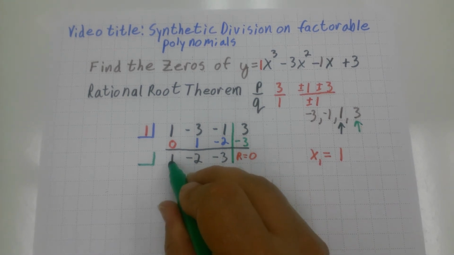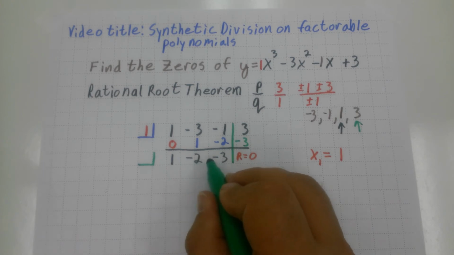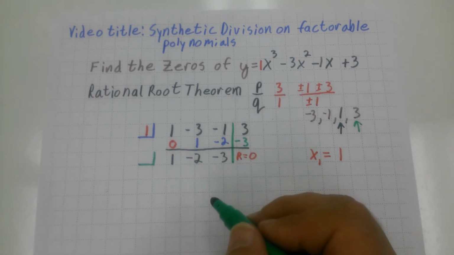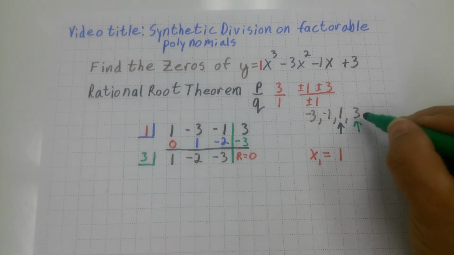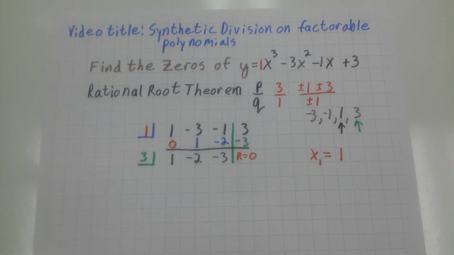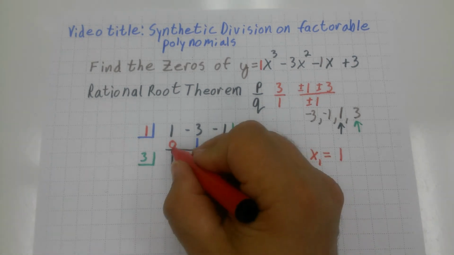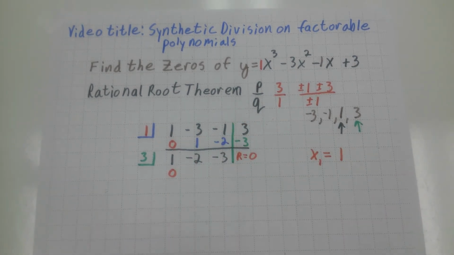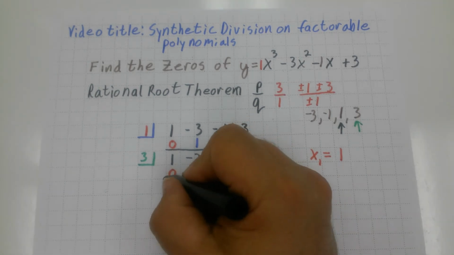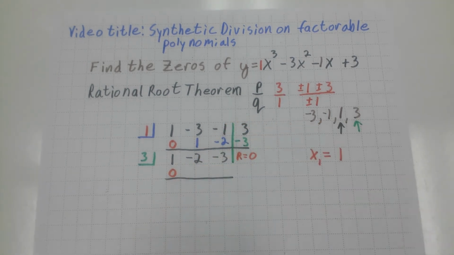This technically is x squared minus 2x minus 3. I could factor that, but I want to use synthetic. So I'm going to put that 3, that guess, into my placeholder. Again, I'm going to put a 0 underneath the leading coefficient, and then start the adding, subtracting, multiplying process.